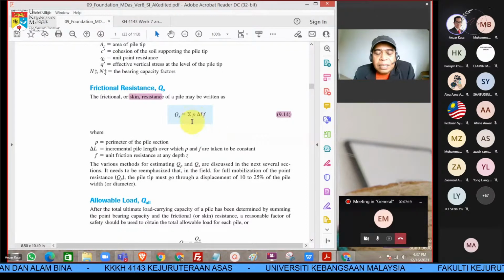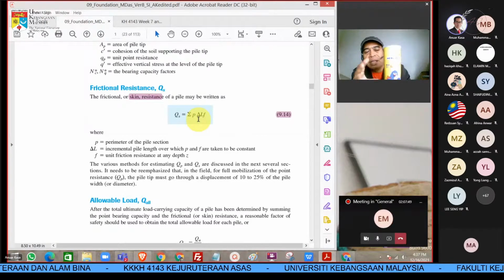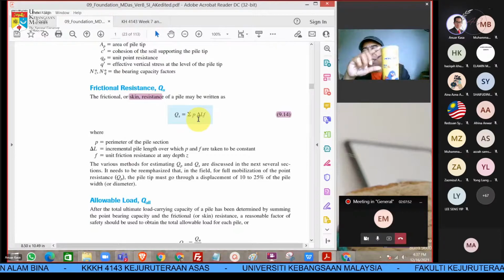Here, summation of P, where P is the perimeter of the pile section, and delta L is the length, but the incremental one, because we consider not the whole section, we consider section by section.